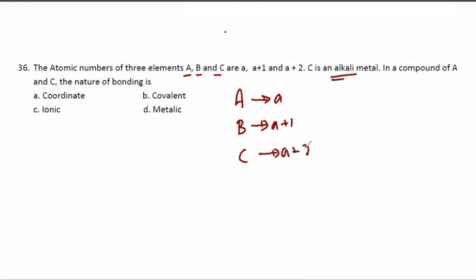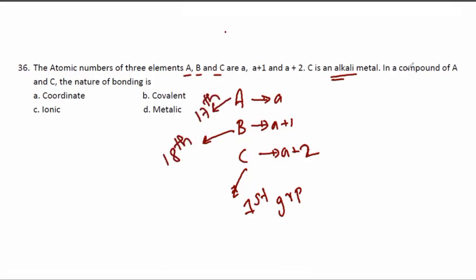If C is an alkali metal, if C belongs to first group, then this is the group which is just below, or just back of your C. That means this is in 18th group. So this should be in 17th group. So in a compound of A and C, A is a halogen, C is an alkali metal. So the bond will be ionic.